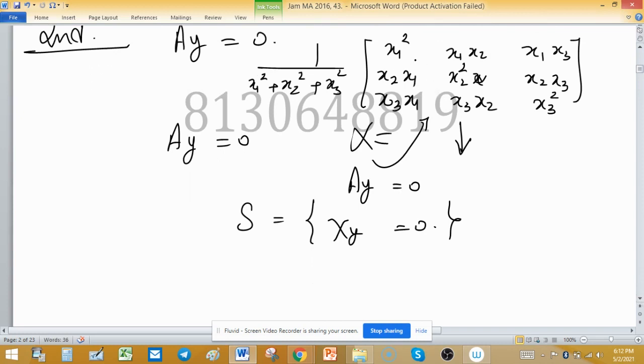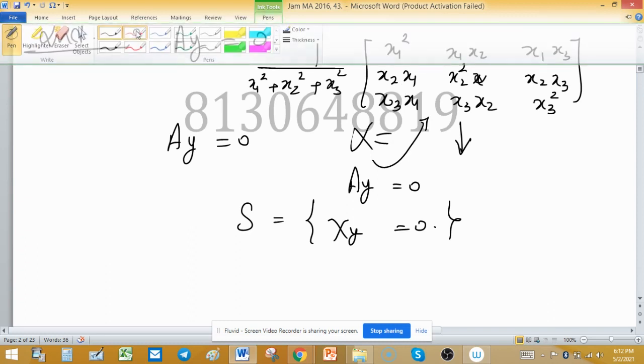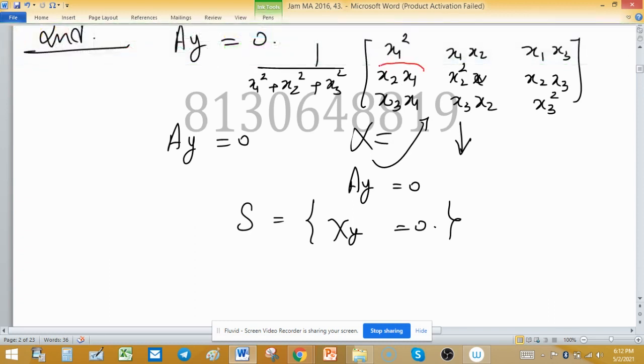Now to row reduce to echelon form, we need to apply some elementary row operations, because you have to make 0 under the first position, to make this 0 and this 0. So R2 becomes R2 minus x2 upon x1, this is a number, times R1.